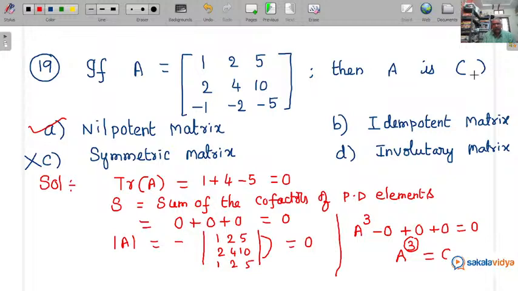So A is the right option. This is the beautiful shortcut. Instead of finding the A square value and A cube value, you can directly get it. A cube is equal to O, so we can say that it is a nilpotent matrix of index 3.